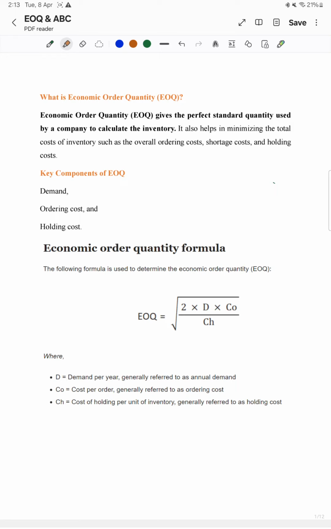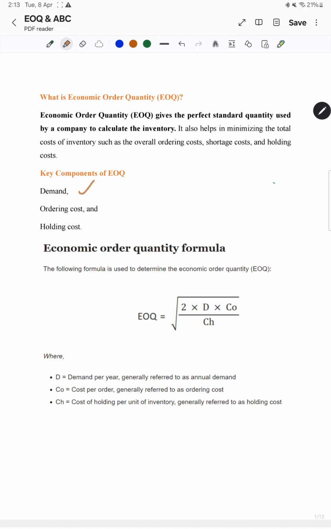So EOQ will tell us the perfect standard quantity used by a company to calculate the inventory which is required by a manufacturing industry. To calculate EOQ, economic order quantity, we must know the demand.